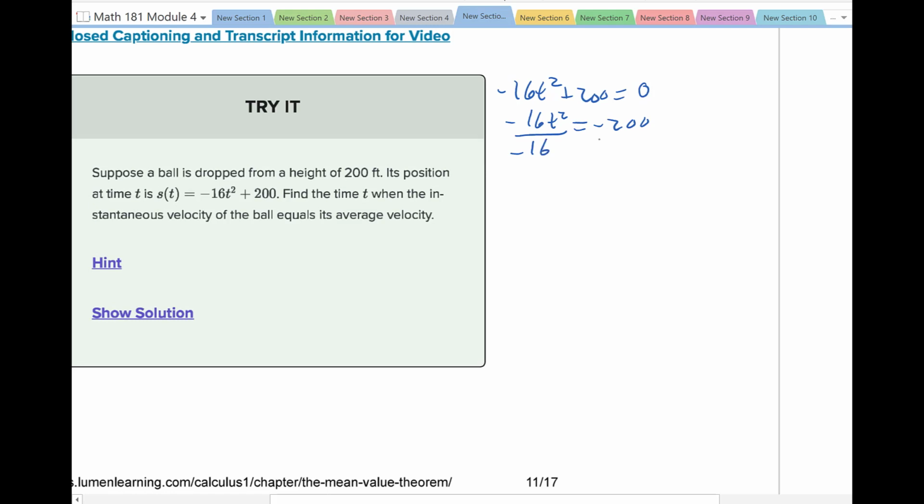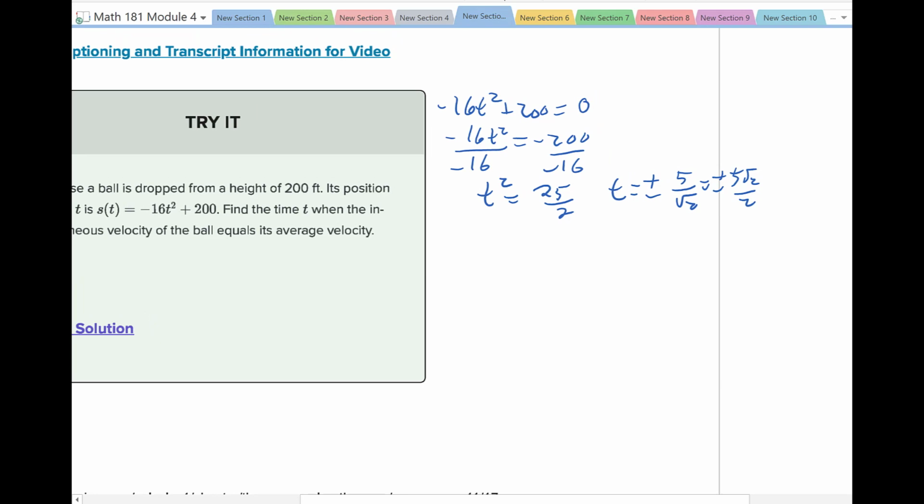Dividing both sides by negative 16, t squared is going to be equal to, and I can reduce this down to, 25 over 2. So t is plus or minus 5 over the square root of 2, or plus or minus 5 root 2 over 2. And we can drop the negative one because we can't go back in time.